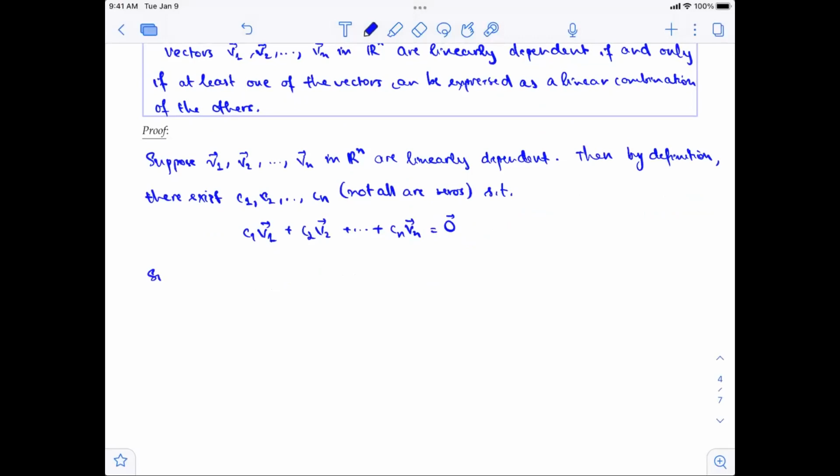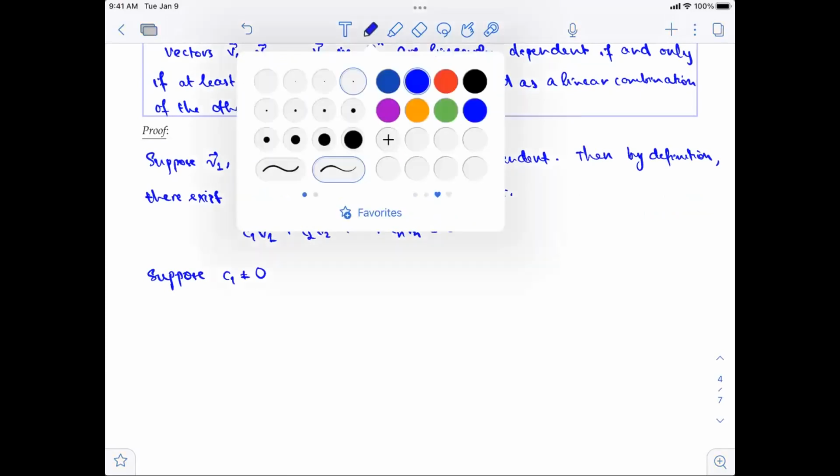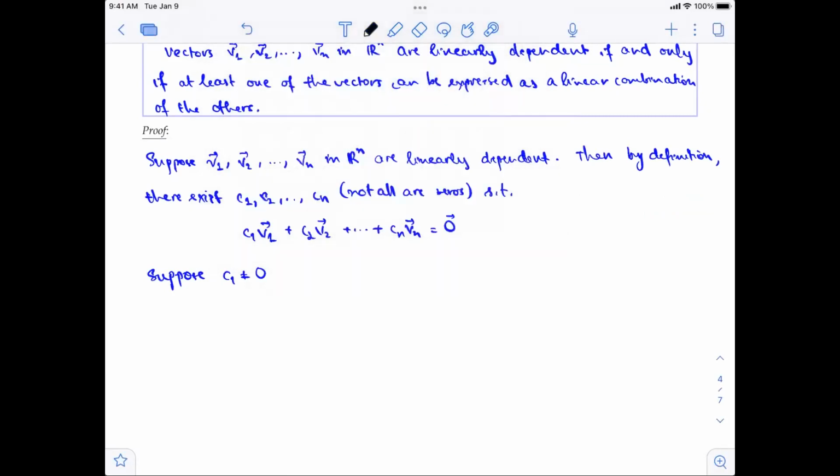Now suppose again that C1 is different from zero, right? So this particular scalar is not going to be equal to zero. C2 can be zero, C3 can be zero, everything else can be zero except for C1, right? C1 cannot be equal to zero. And we choose this particular scalar.